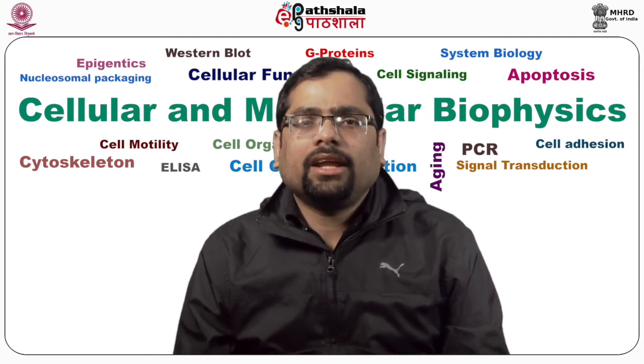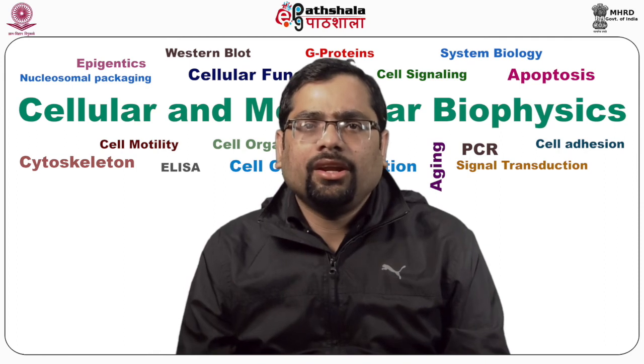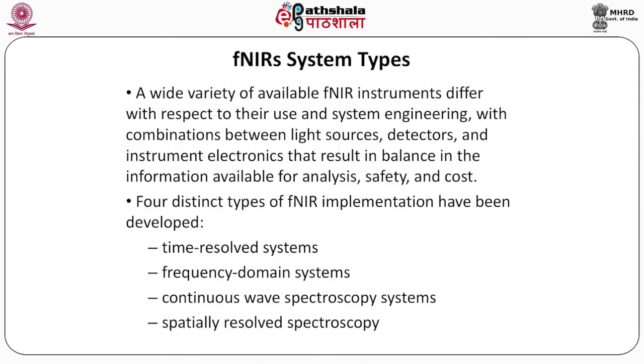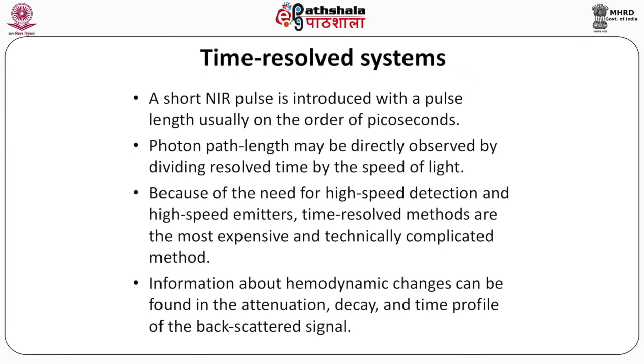So the techniques basically differ in their system engineering. There are 4 distinct types of fNIRS implementation that have been developed till now. These 4 distinct types are: first, time resolved systems; frequency domain systems; continuous wave spectroscopy systems; and spatially resolved spectroscopy systems. So we will talk about them one by one.